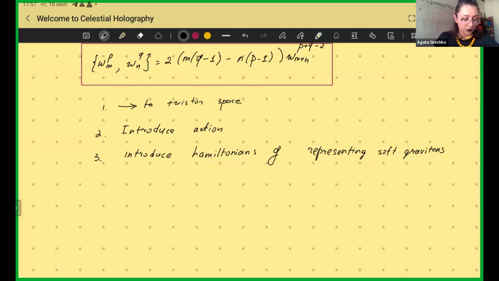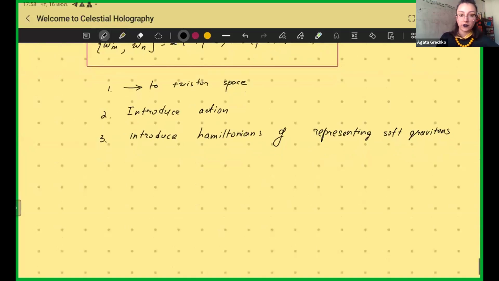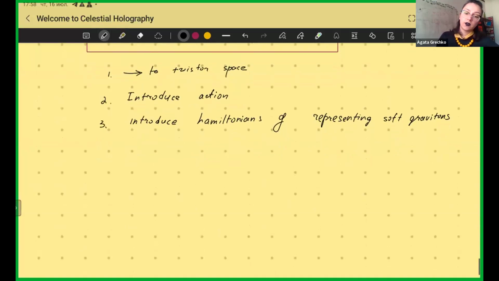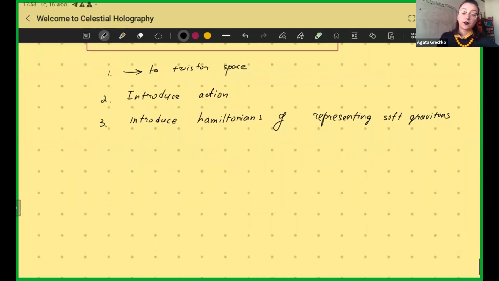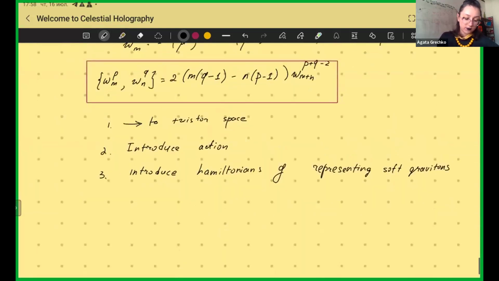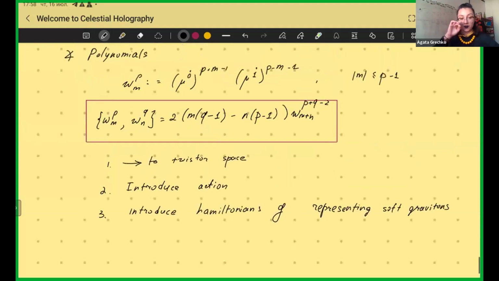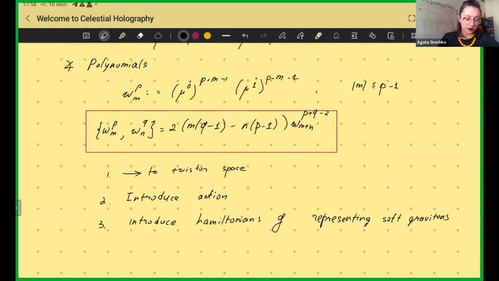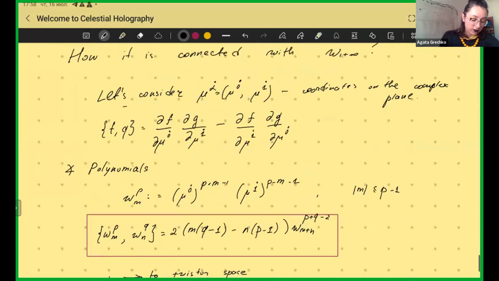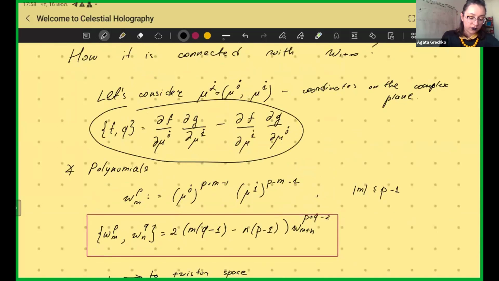And so if we do all these things here, so we go to twistor space, introduce some action, and introduce these soft gravitons inside our constructed theory, we will obtain the W1 plus infinity commutation relations defined by this Poisson bracket.